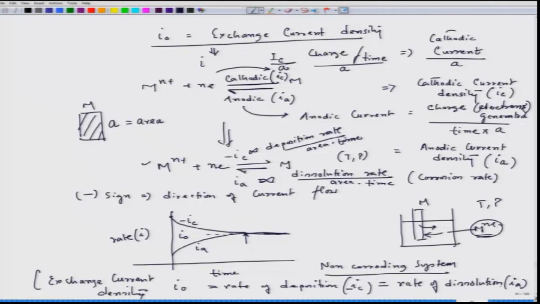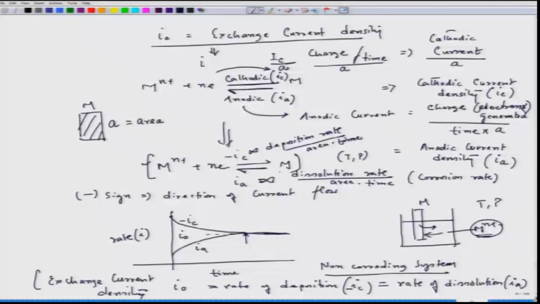Remember, this is for a half-cell reaction, because when we consider the rate of deposition and rate of dissolution, we are not taking into consideration other species dissolving or depositing, or other reduction or oxidation reactions. It is the same metal and metal ion, two species, one depositing and one dissolving: one is reduction, another is oxidation.